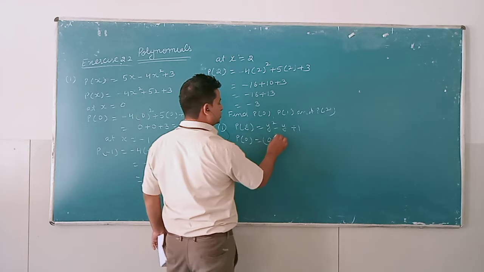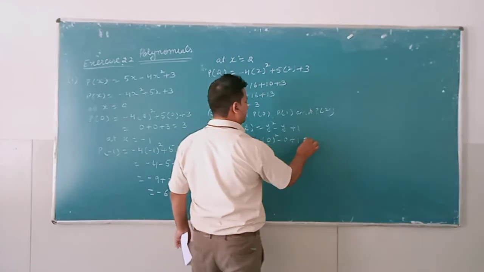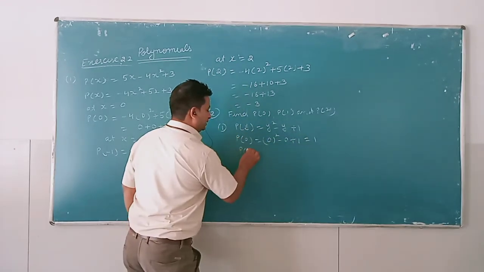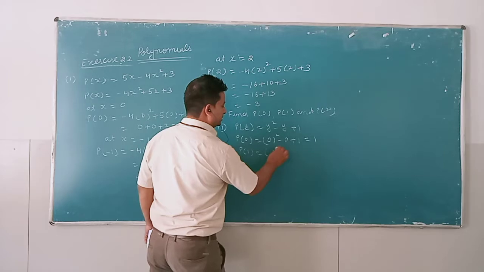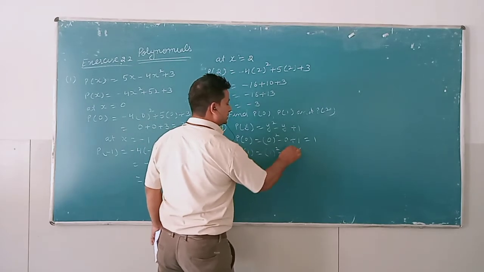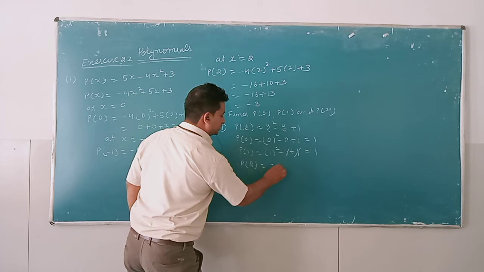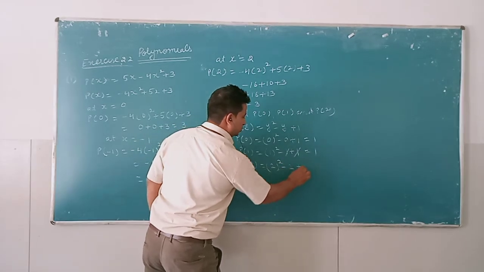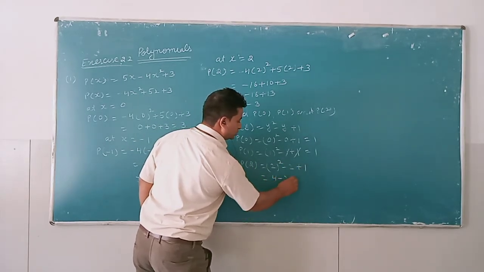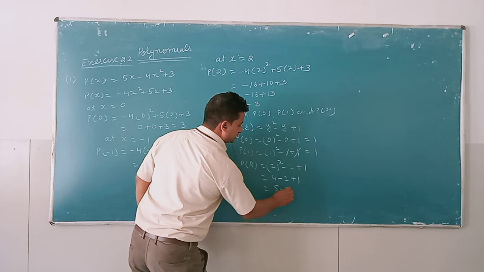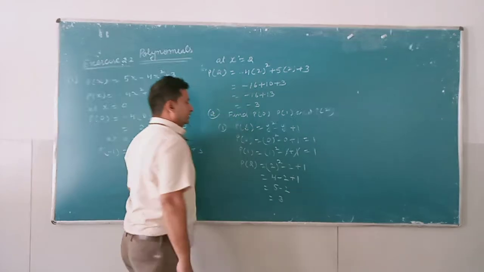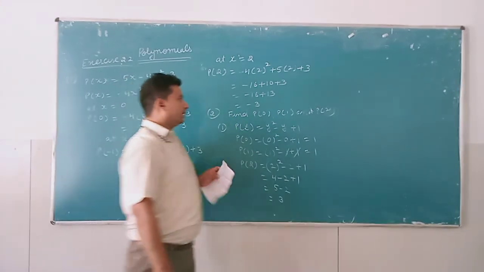This means 0² - 0 + 1, which is equal to 1. Then we find p(1): 1² - 1 + 1, the terms cancel out, this is equal to 1. Then we find p(2), which is 2² - 2 + 1 = 4 - 2 + 1 = 5 - 2, equals 3. This is the solution of the first part.